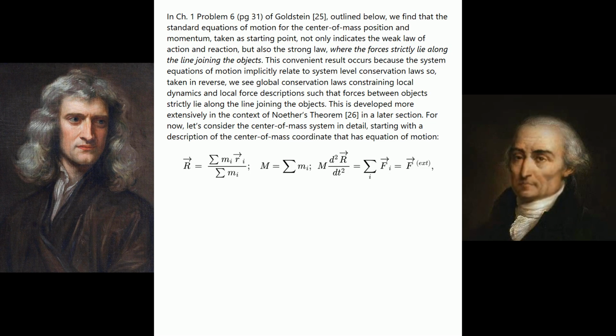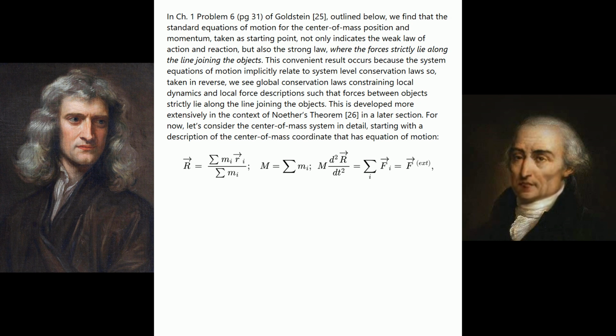In Chapter 1 Problem 6, page 31, of Goldstein, outlined below, we find that the standard equations of motion for the center of mass position and momentum, taken as starting point, indicate not only the weak law of action and reaction, but also the strong law, where the forces strictly lie along the line joining the objects.